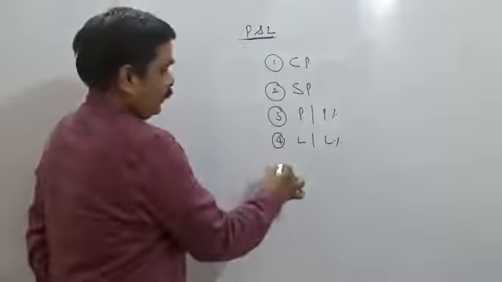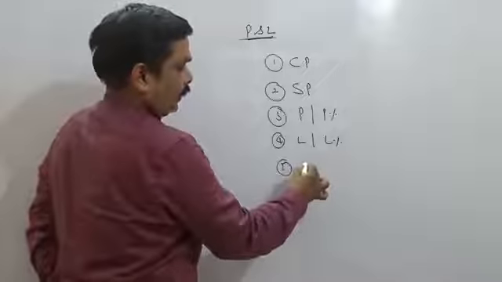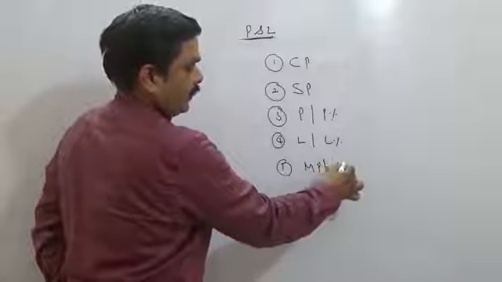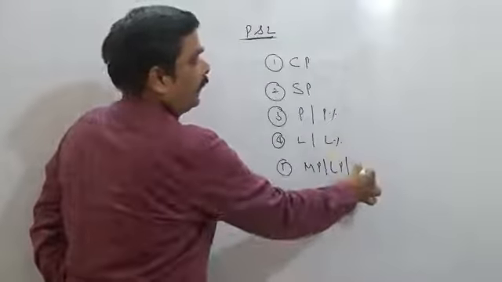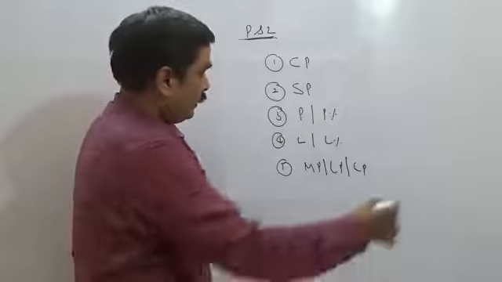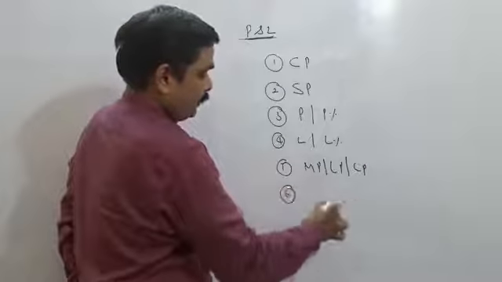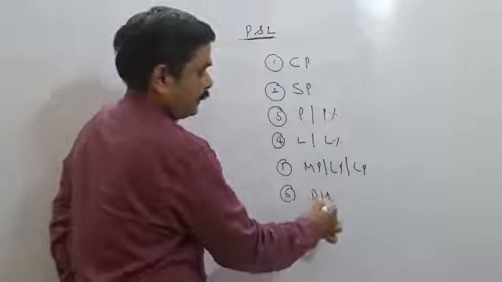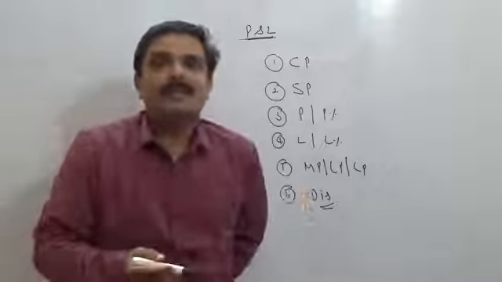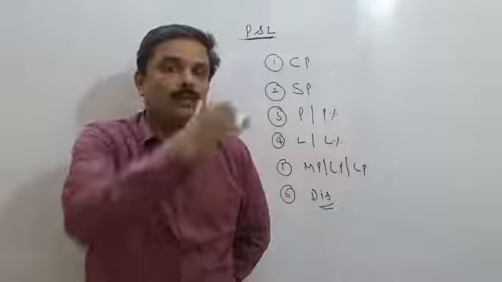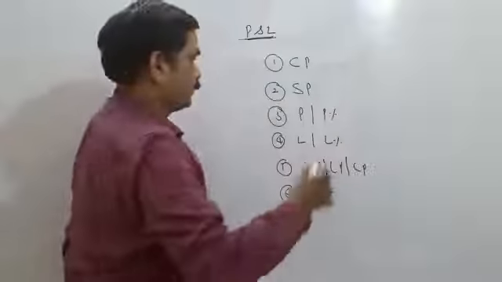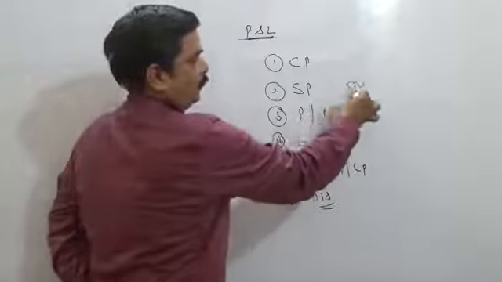The other one, of course, is market price or list price or labeled price. Everything is the same. Then followed by another term called discount. And in some cases they may also use the word overheads.